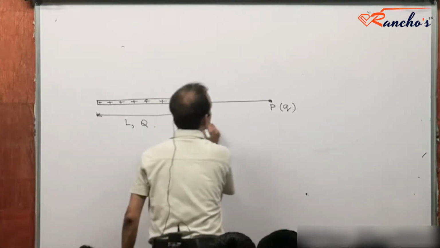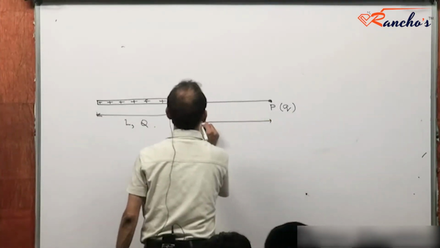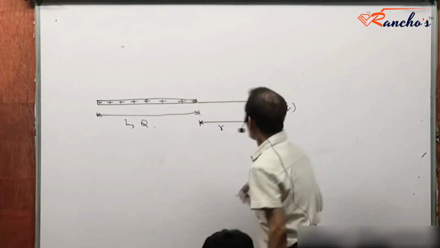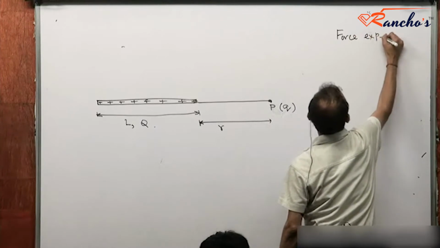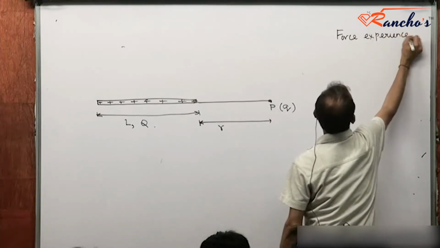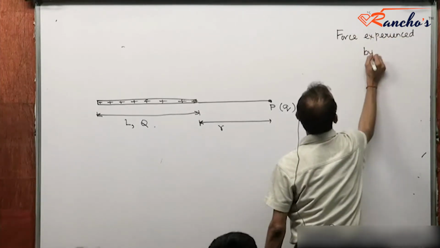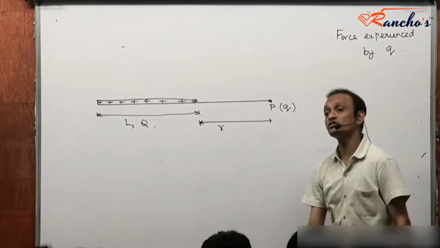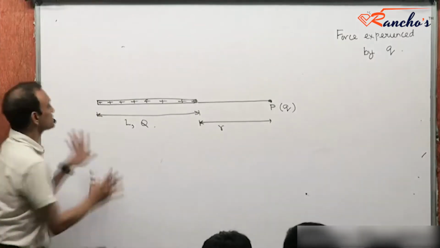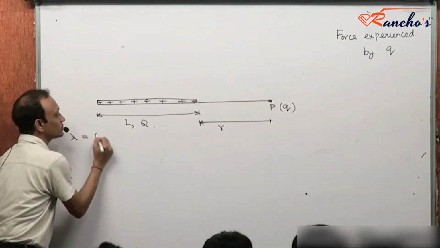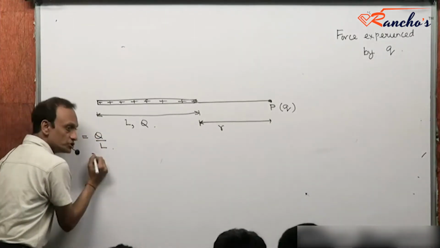Say this distance is r. I want to calculate the force experienced by q because of this distribution of charge. What's the charge per unit length? q by L, linear charge density, uniform let's say.